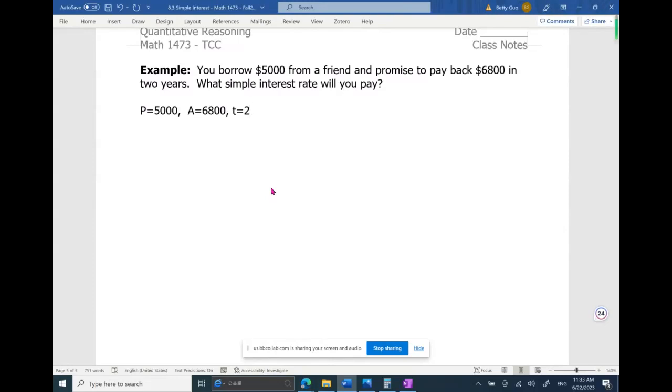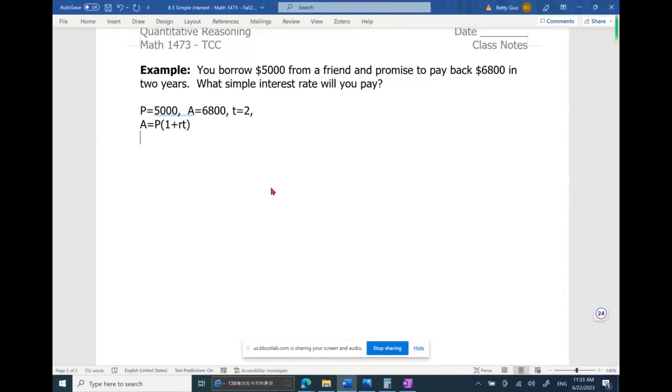In the case that you remember the formula, what formula? A equals P times (1 plus R times T). You can plug in the values for 3 of the 4 variables.